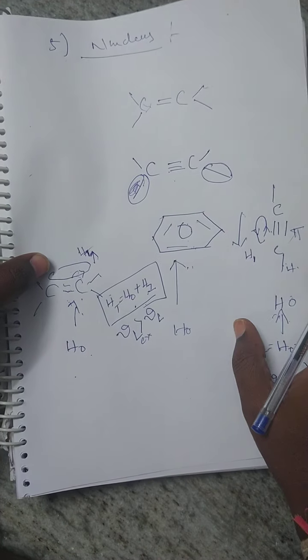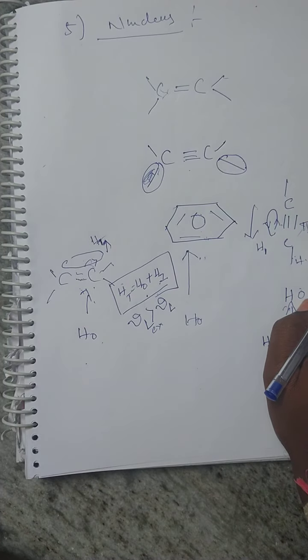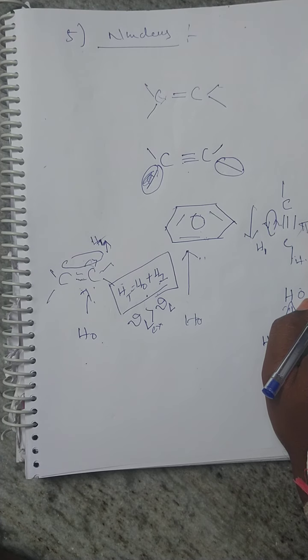So these are the cases which will influence the Larmor frequency of the nucleus, right?